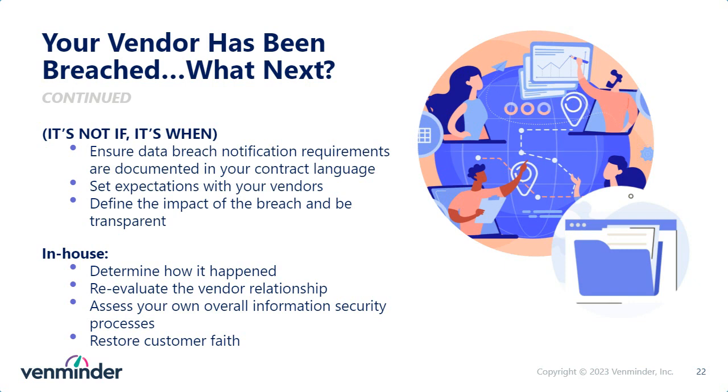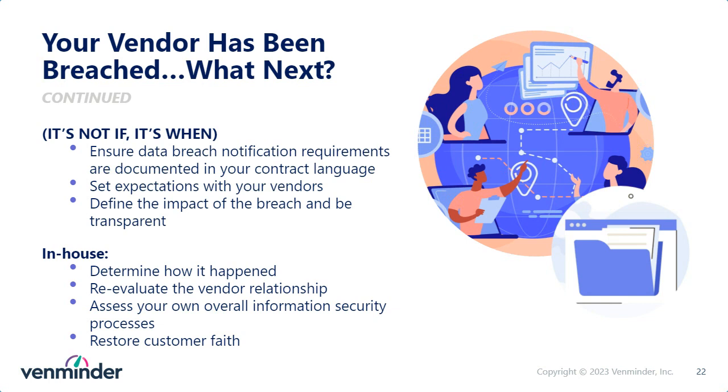You want to ensure that you have things like data breach notification requirements in your contract language. Many organizations, throughout time, have shared with us that there's distrust between them and their vendors, and a good way to address that proactively is to talk about it up front. You want to make sure you're notified of a breach in a timely manner.